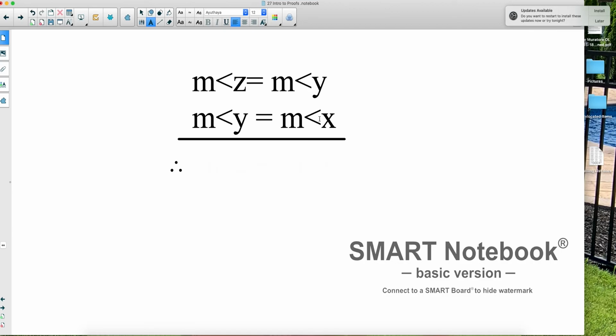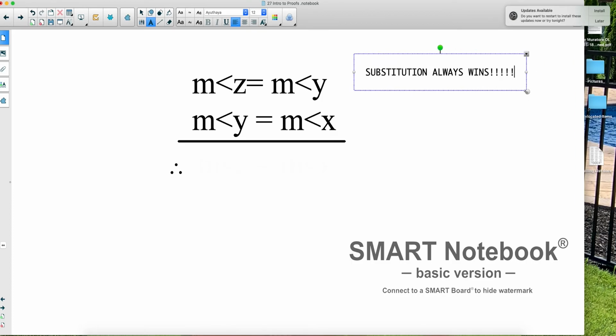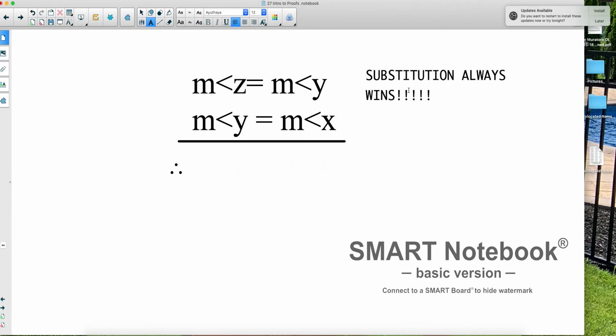You could either use transitive or substitution. Here's the key thing. Substitution always wins. So I would always go with substitution. Mr. Bronze, Mr. Capel, they'll tell you the same thing. Just stay safe with substitution because transitive property, the order matters.